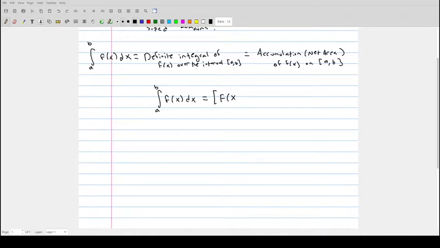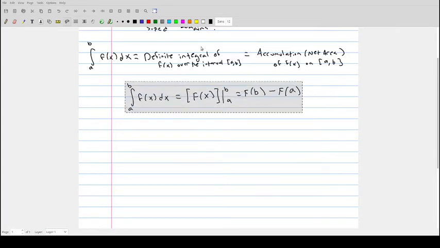We typically call this the capital letter of whatever the function is, at the endpoints, capital F of b minus capital F of a, where capital F of x here is the antiderivative of the function that we're taking the definite integral of.